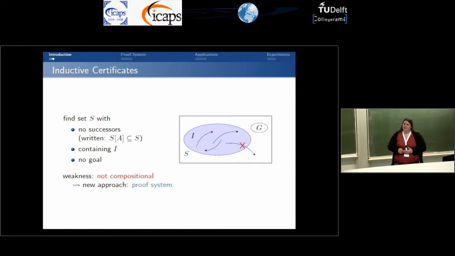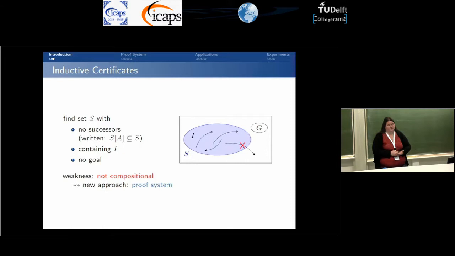The first property is that there are no successors outside of the set, and with this I mean if you take any state in the set and you apply an action, you will still land in the same set, so there is no way out. It's basically like an invariant, you could also say. And now if such a set contains the initial state, but does not contain the goal state, then this is a sufficient argument for unsolvability, because there is no way that you can get from the initial state to the goal.